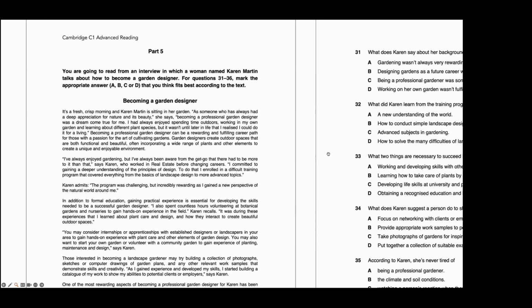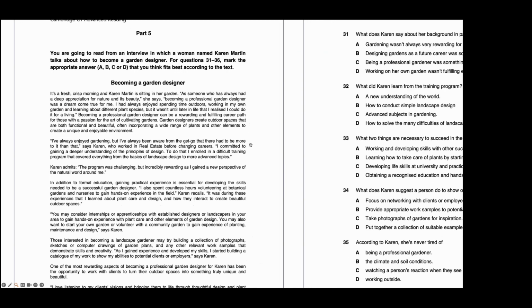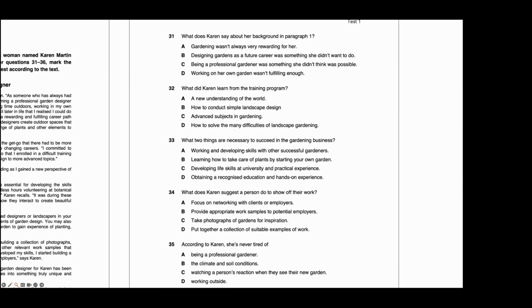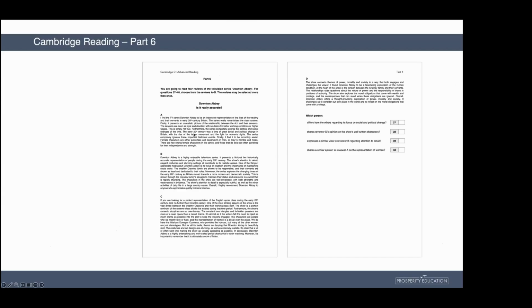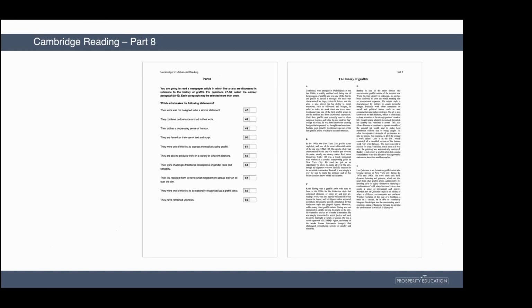Again, I hope you can see my screen okay, but this represents the exam format. So on the left-hand side, you have the text with the multiple choice questions on the right. Moving on to part 6, and furthermore, part 7. And finally, again, at C1, there's a part 8.